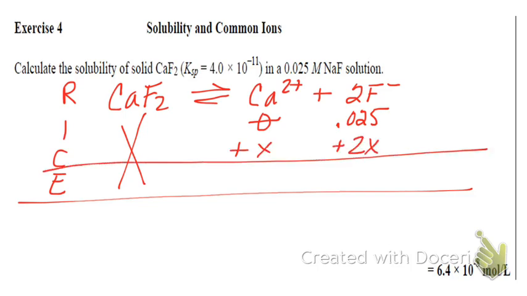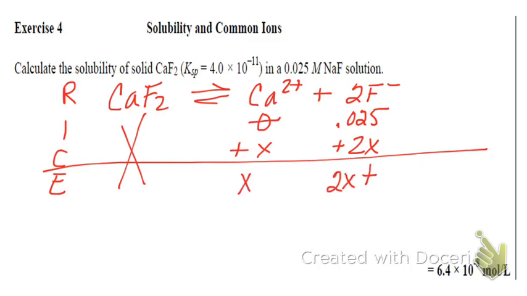So at equilibrium, I put the line in the wrong place, sorry. At equilibrium we have x, and then we have 2x plus 0.025. Do we square it? Well, when we put it in the equilibrium expression, we do. So we actually want 0.025 plus 2x.